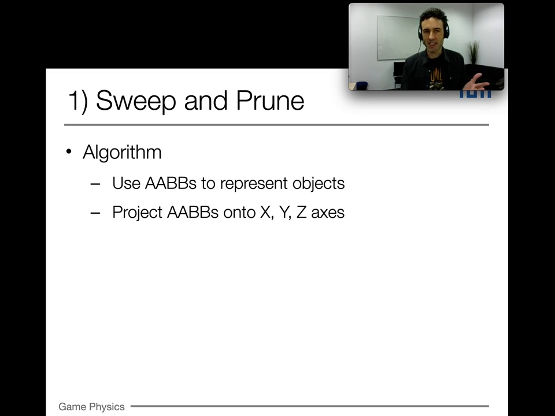They are very nice because we can very easily project them onto an axis by simply discarding some of the coordinates, right? If we want to project along z, we just discard the z-axis, keep x and y, then we have the projection onto the xy plane of one of these AABBs. That gives us intervals that we can sort and then deal with.